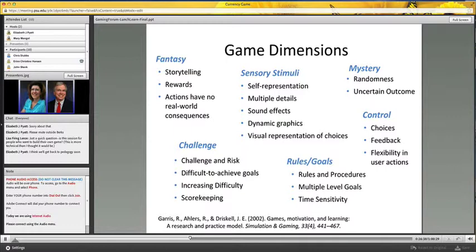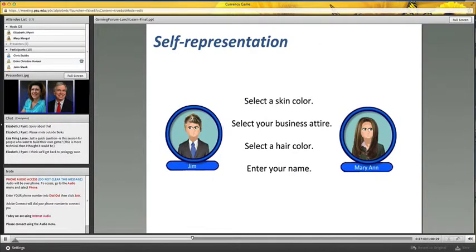Over the next number of screens or frames, I'm going to be showing you some screenshots from our game, and at the same time, I'll be relating each step in the game to one of these dimensions of a game. So I'll be giving you a sense of how the game works, as well as aligning that with some of these dimensions of games. The first one is self-representation.